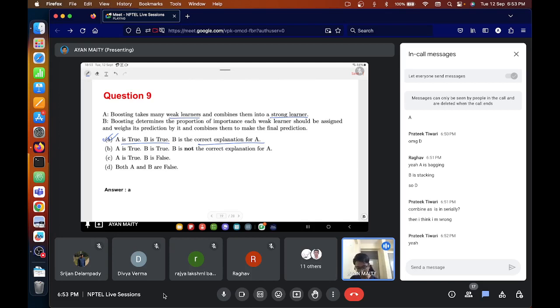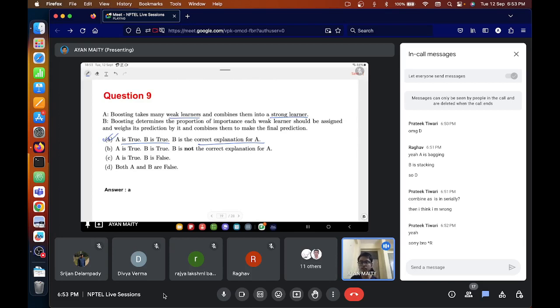So statement A is true, that it takes many weak learners and combines them into a strong learner. Statement B is boosting determines the proportion of importance each weak learner should be assigned, weighs its prediction by it, and combines them to make the final prediction.